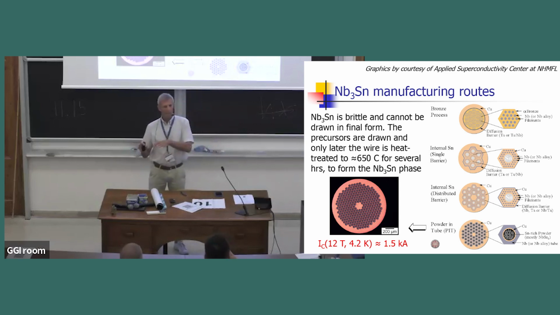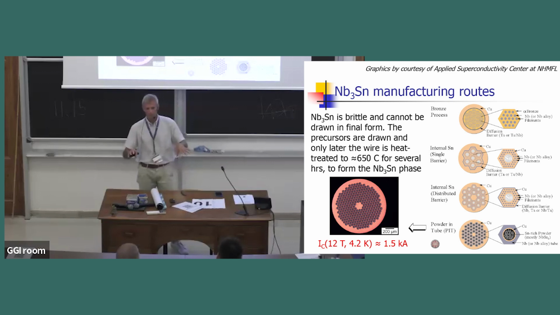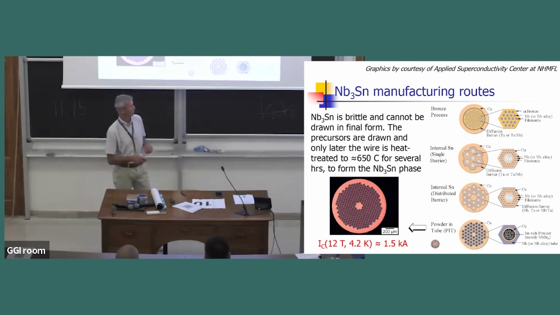Then you wind your magnet, wires or cables, and once they're wound, you cook them so that you have the intermetallic reactions. You bring them up to 650, 700 degrees C, niobium-3 tin forms, and from that point on, you're not touching it anymore. Okay, so you have to pot it to be able to mechanically handle it.